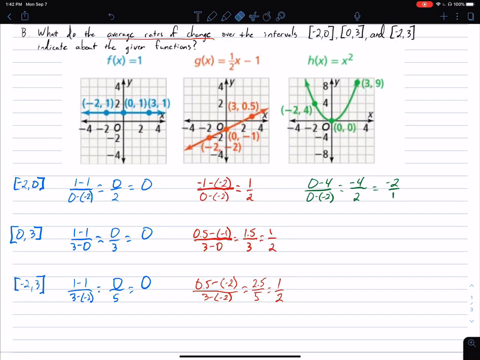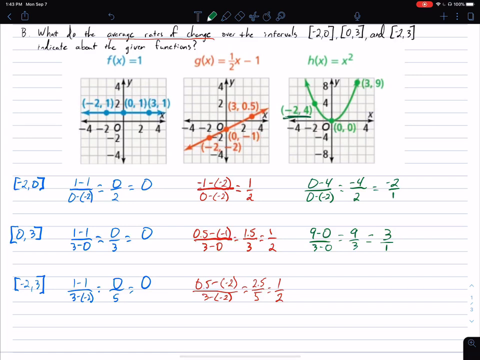The second group, we have 0 to 3. So we're looking from here to here. So I'm going to do 9 minus 0 over 3 minus 0. So I get 9 over 3, which is going to be equal to 3. Again, if you want to write it as a slope, that's 3 over 1. And then my final grouping, negative 2 to 3.